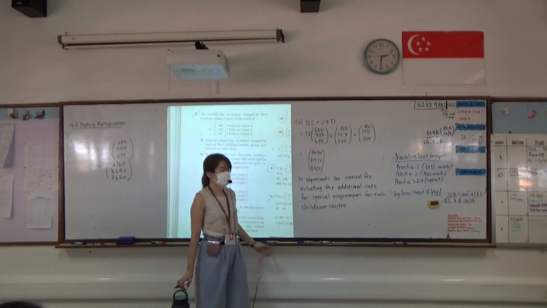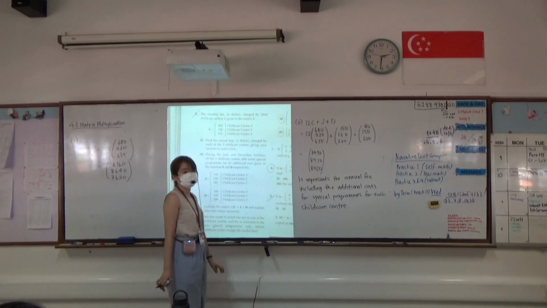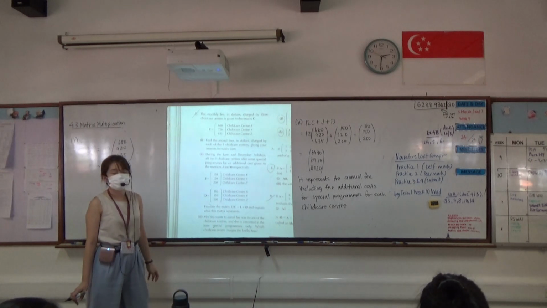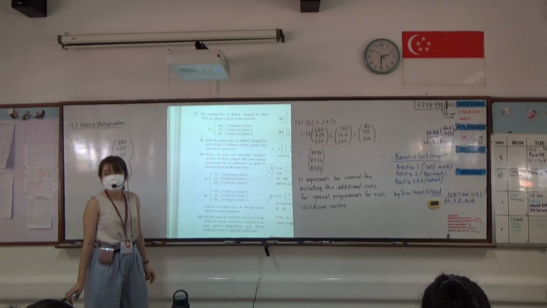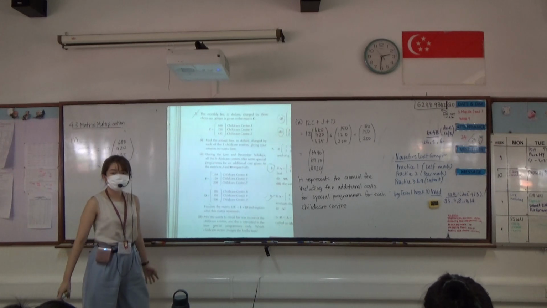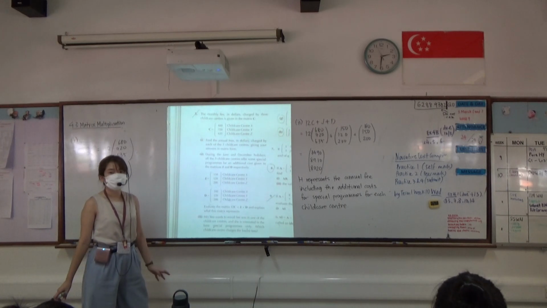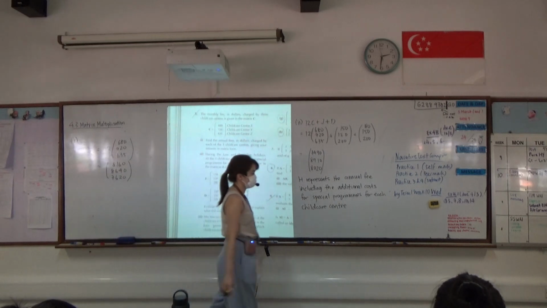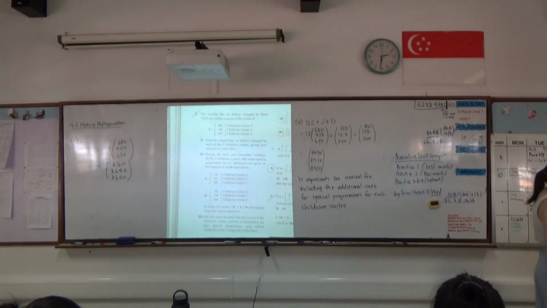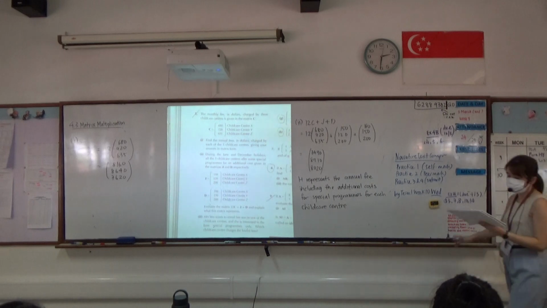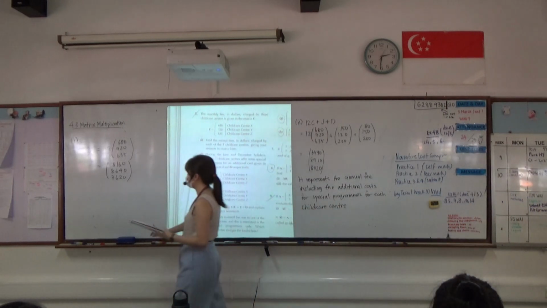I think this is a sufficient explanation to describe the matrix. Anybody has a second opinion? No? Okay. Then next, look at part 3.